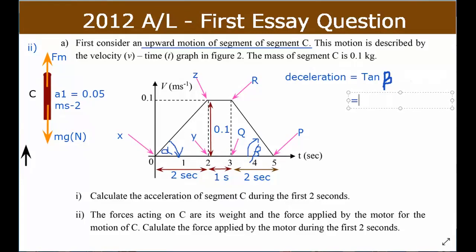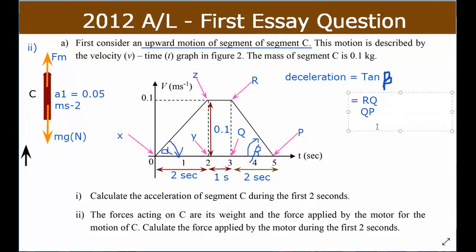Lamai? RQ divided by QP. Very good. Opposite side, RQ, divided by adjacent side, QP. Opposite divided by adjacent. So RQ divided by QP.